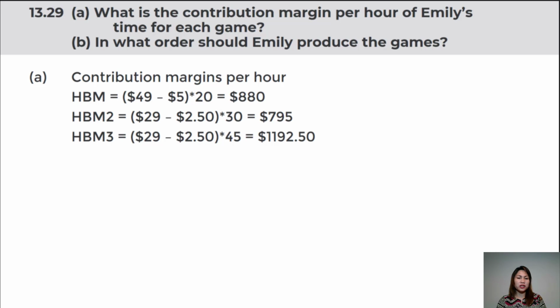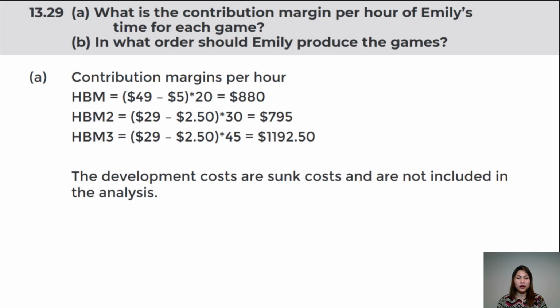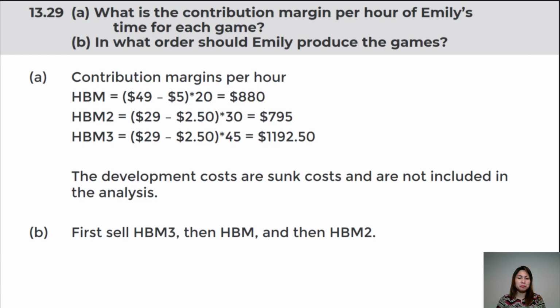HBM3 equals $29 minus 2.5 variable cost times 45 DVDs because she can make 45 DVDs in an hour, equals $1,192.50. The development costs here are not included because they are sunk costs, therefore no need to be included in the analysis. If we look at the contribution margin per constrained resource, in this case per hour, we can rank these three products. So first we should emphasize HBM3, then HBM, the original, then HBM2.